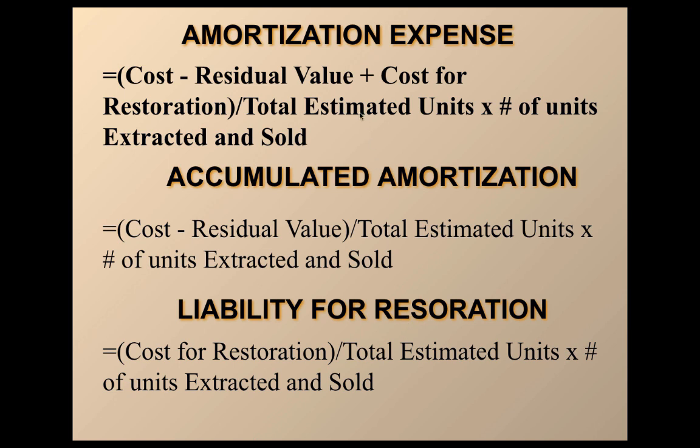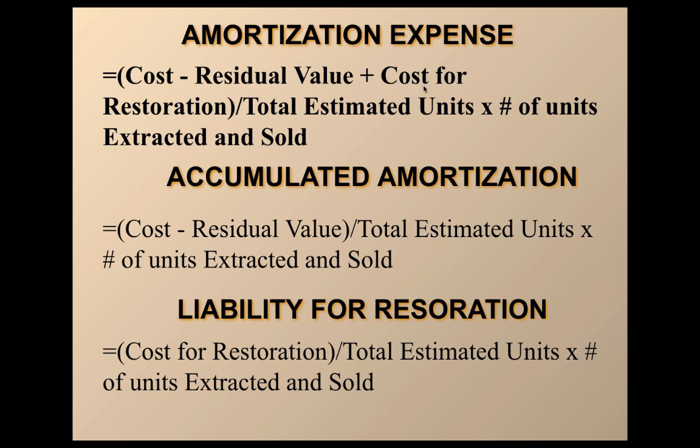Now, the whole formula for our amortization expense is very similar to our formula for units of activity. We have cost, so that would be the cost of acquiring the land, let's say, or the mine shaft, or whatever it is. As we know, our residual value is the value that we expect to get for this asset at the end of its useful life.